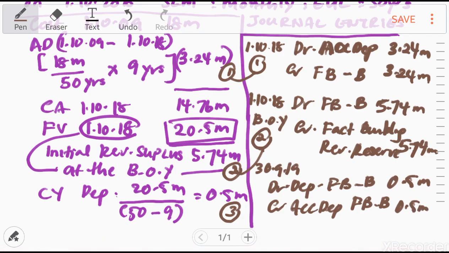Now we will look at the revaluation surplus realized. This is where you look at how much you need to transfer back to the retained profit. According to MFRS 116, when the asset has been revalued and is still being used, you must transfer that back to the retained profit.